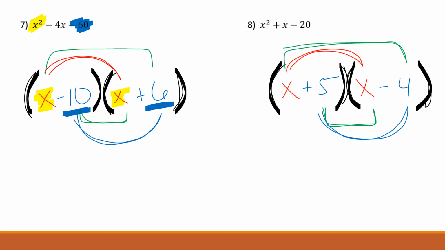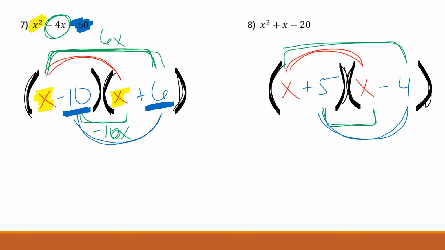After checking everything, I narrowed it down to negative 10 and positive 6, because when I calculate the green term, I get 6x and negative 10x, and those two things combined get me that negative 4x. So I'm using this idea of working backwards from distributing to help me figure out what those things are. Same thing with the second one, number 8.